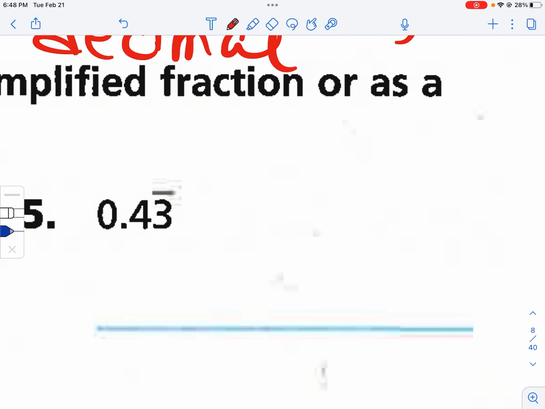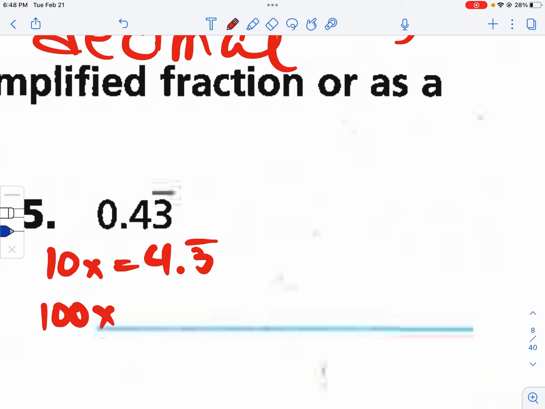This one, if I multiply it by 10, I would get 4.3 repeating. If I multiplied it by 100, I would get 43.3 repeating. Oh, I should write this with ellipses. Sorry about that.